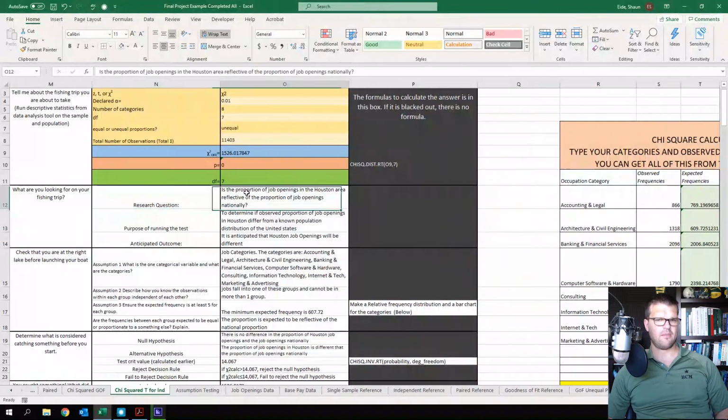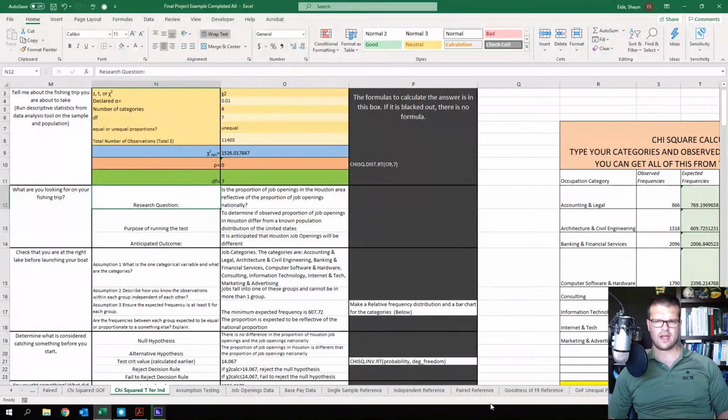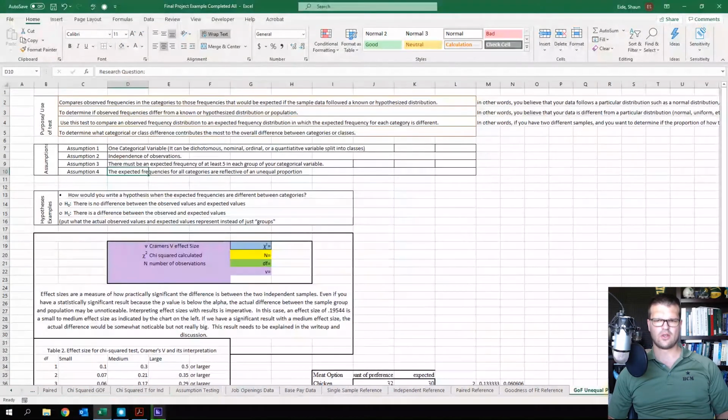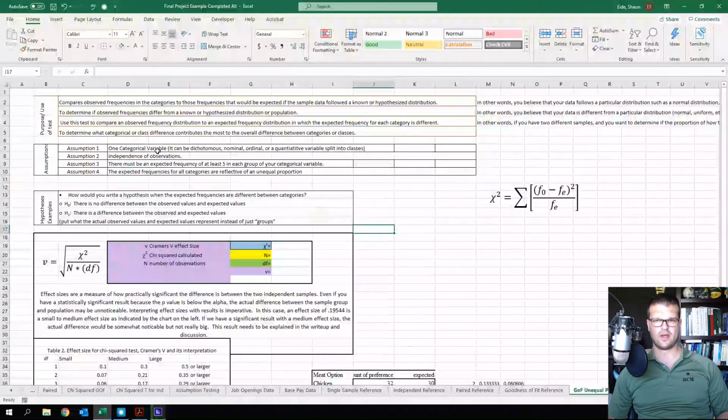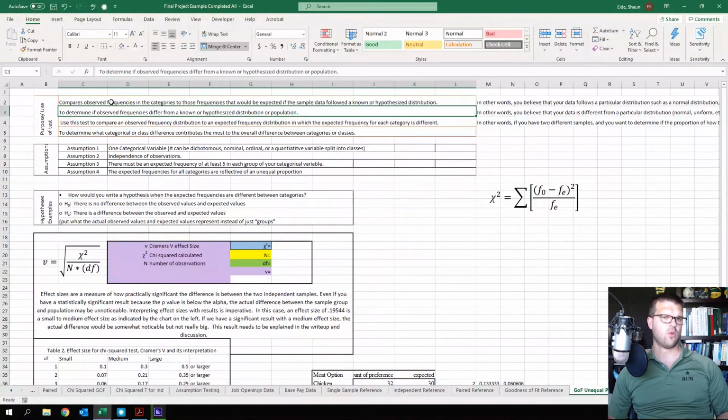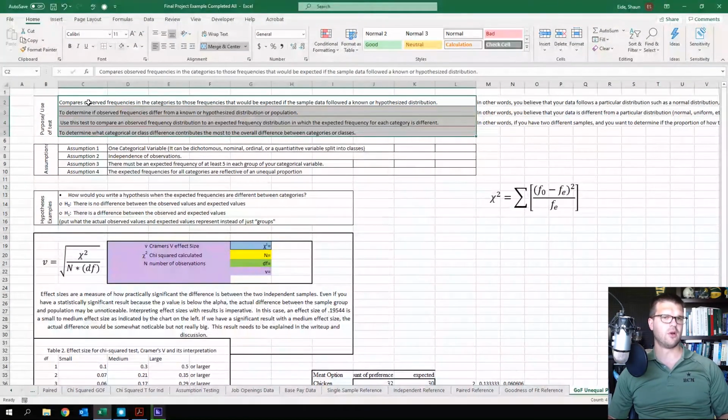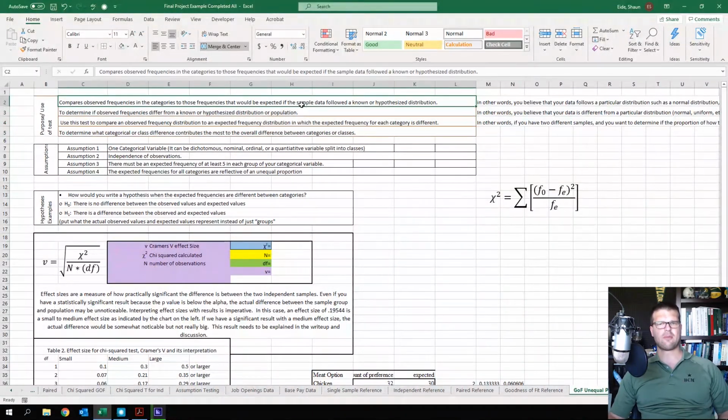Next, we got the degrees of freedom of 7. And then the research question. Once again, I just come down here: goodness of fit, unequal proportions, otherwise known as test for independence. What is it that you want it to do? Compare observed frequencies in categories to those frequencies that would be expected in a sample following a known or hypothesized distribution. That's what we're doing.